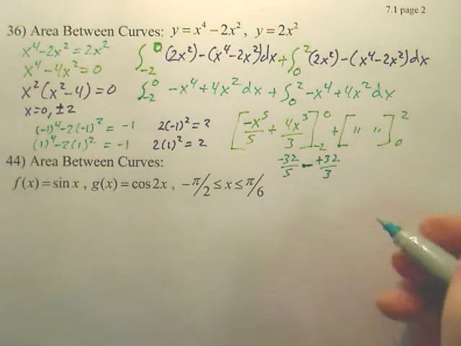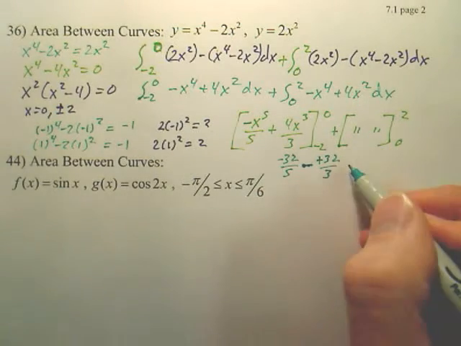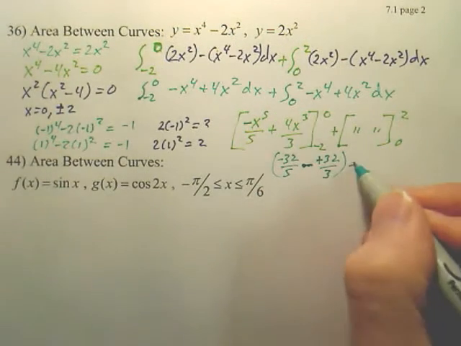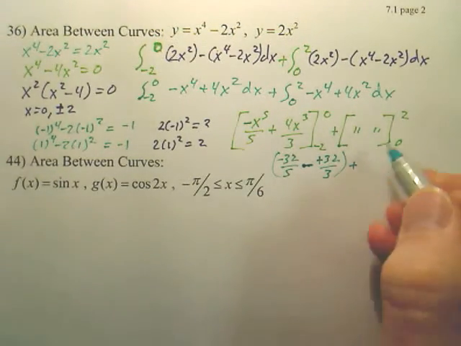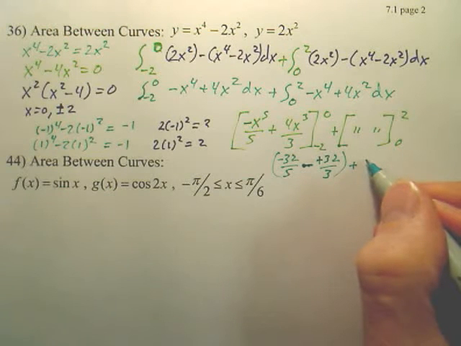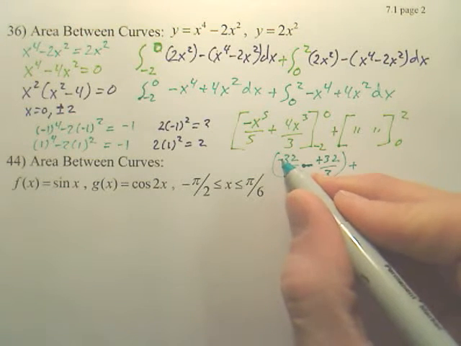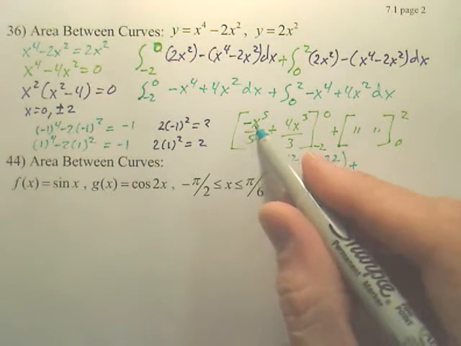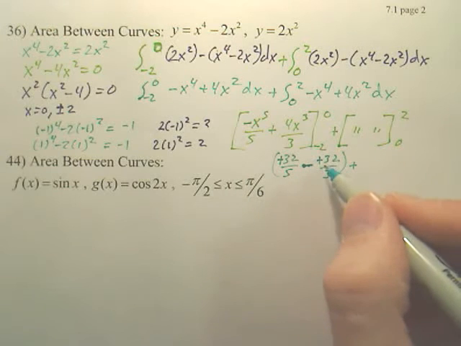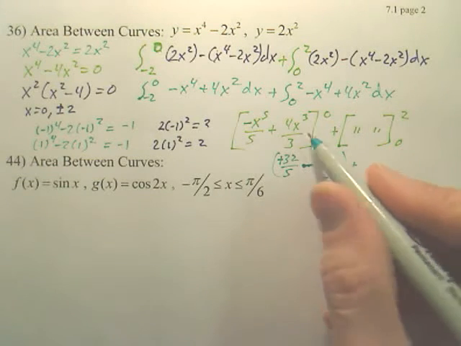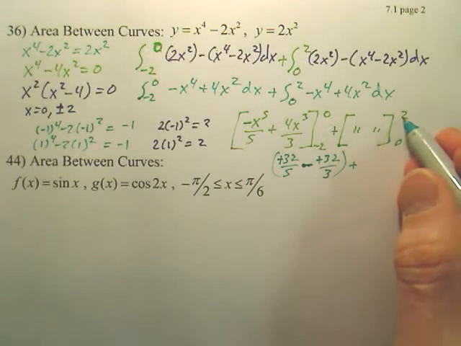And this one, when you plug in 2, what do you get? Wait, this one should be positive, huh? Because that's a negative, and it becomes a negative. That becomes positive. Is this negative still? Yeah, that's a negative. This one would just be opposite.